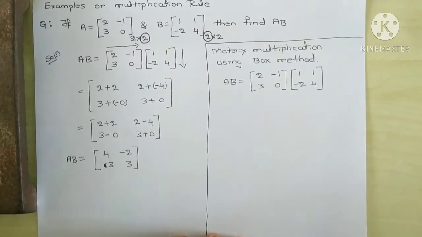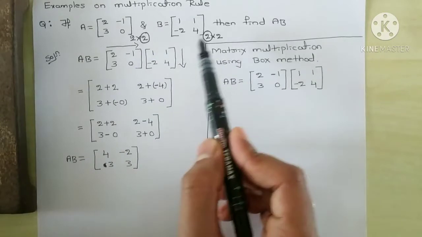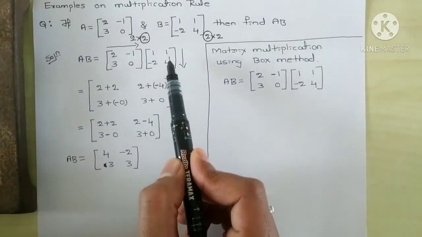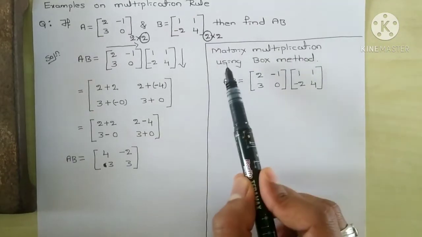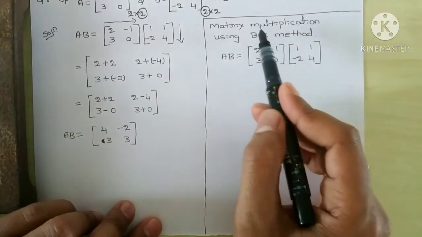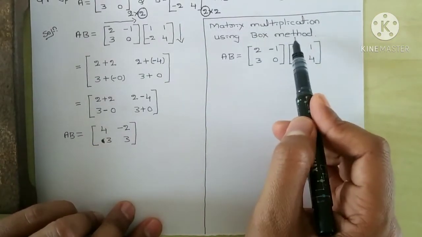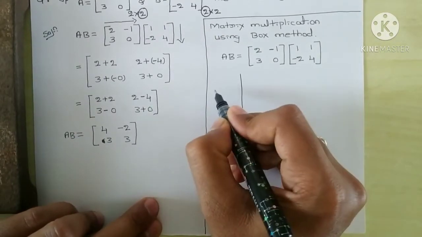Suppose you are finding difficulty while solving matrix multiplication using the regular method, you can go with matrix multiplication using the box method. Yes. So in matrix multiplication using the box method, the first step is to trace 2 lines like this.